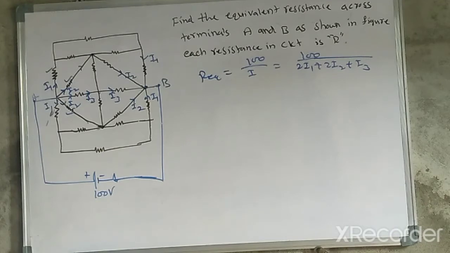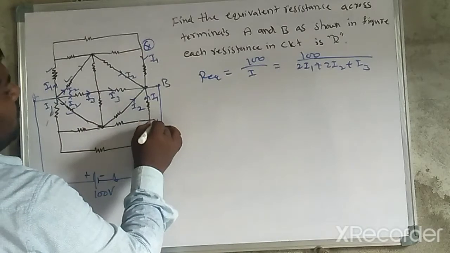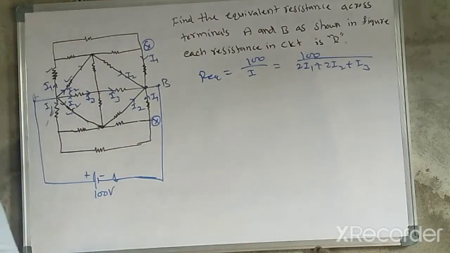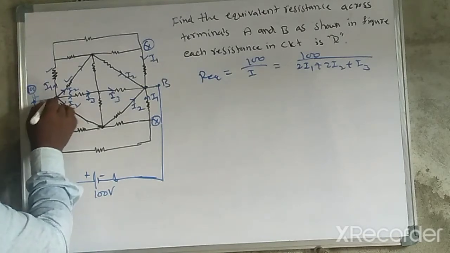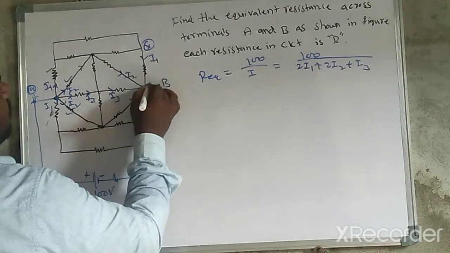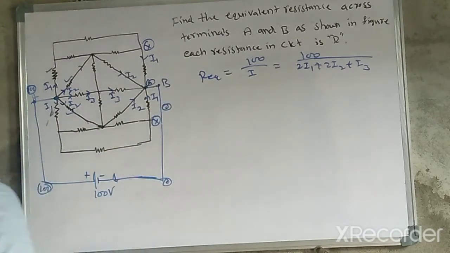That's why I consider the potential x here, and here also potential x. Here the potential is 100 at this point, so here also potential 100. Here the potential is 0, because it is the negative terminal side.